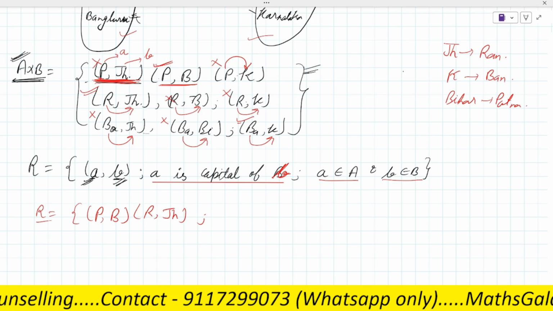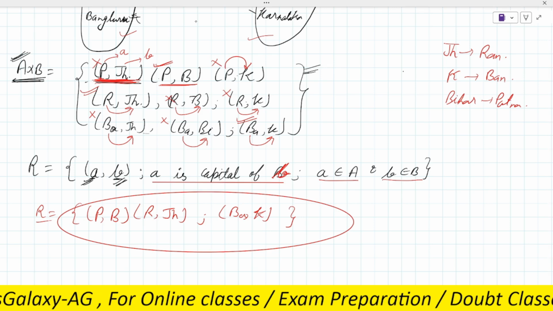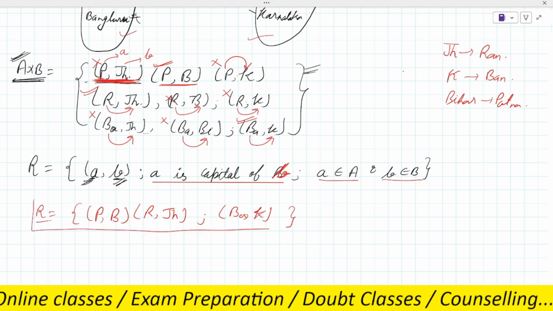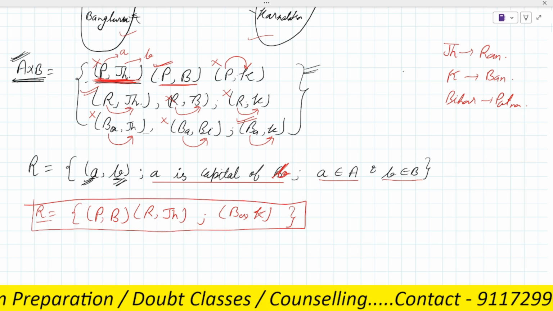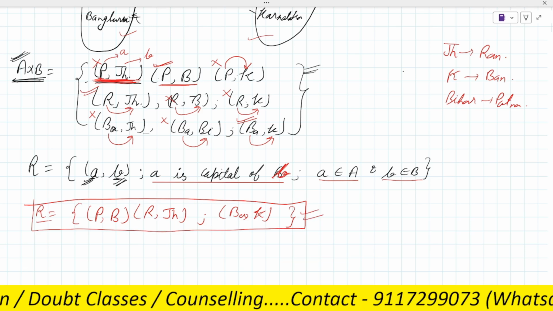And this set will be the subset of A cross B, as you can see here, right? This set will be the subset of A cross B because all elements of this set are also in set A cross B, है ना?